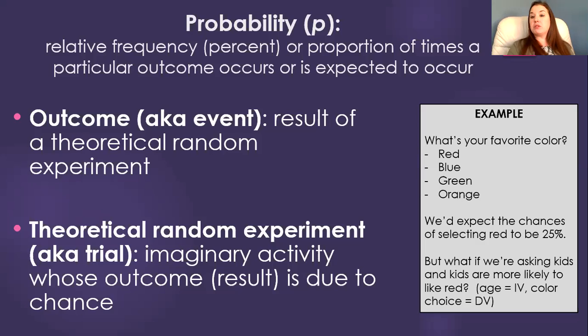We would be able to say, okay, if instead 40% of kids like red instead of the 25% we would expect, is that difference in probability evidence that our independent variable actually does influence our dependent variable? Is it evidence that age significantly impacts color preference, because that 40% of kids who pick red is substantially more than the 25% we would expect if color choice was just random? So that's where the connection to real world statistics will be getting to.